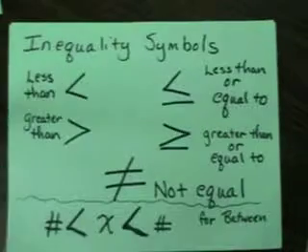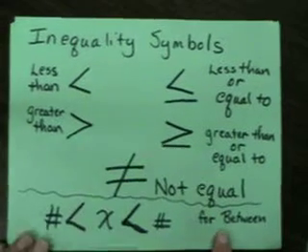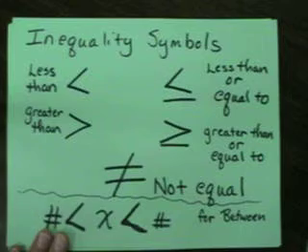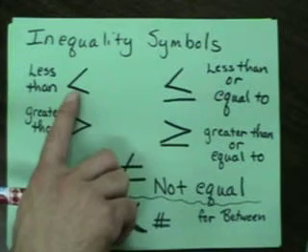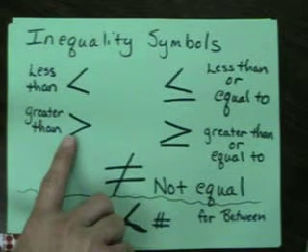inequality correctly. Now, there's some symbols we use in inequalities. We usually read them left to right, just like we do in English. So if I have this symbol, I'm going to read it as less than. If I have this one, I'm going to read it as greater than.